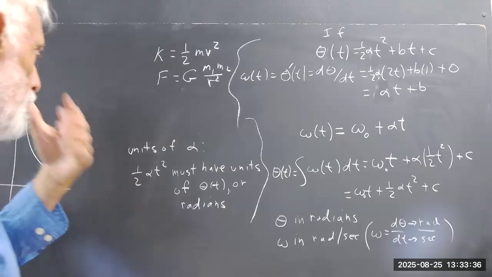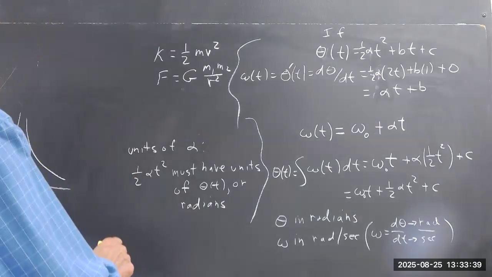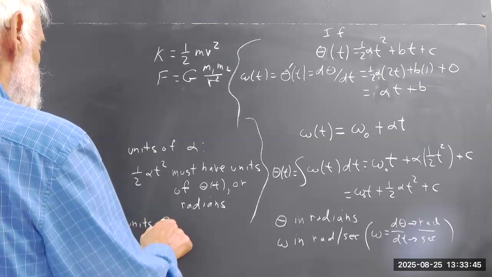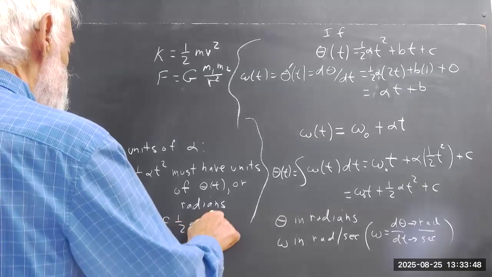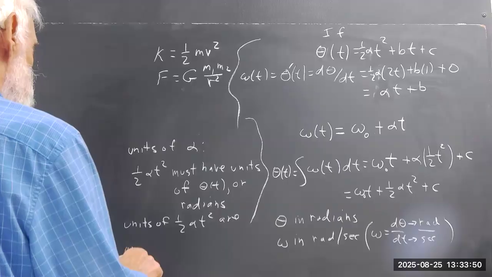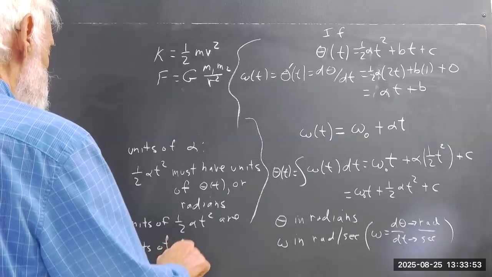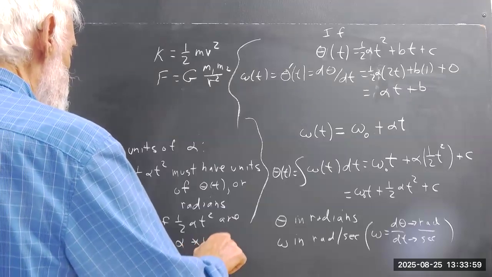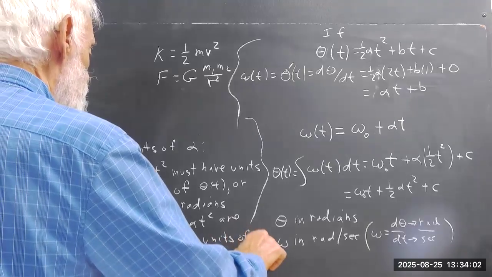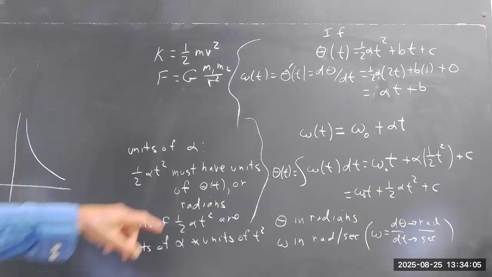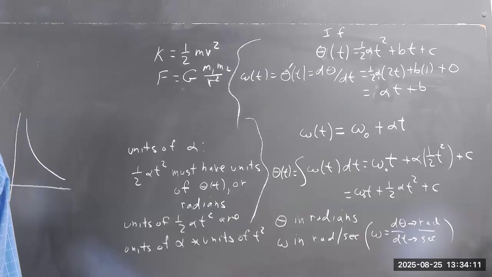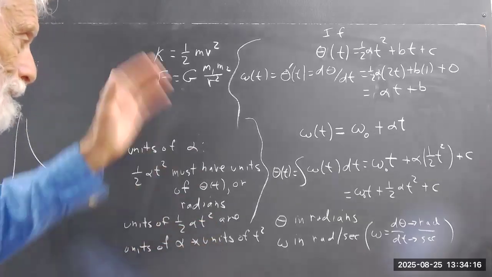So that has to have units of radians, so the units of one half alpha t squared are the units of alpha multiplied by the units of t squared. That makes sense?